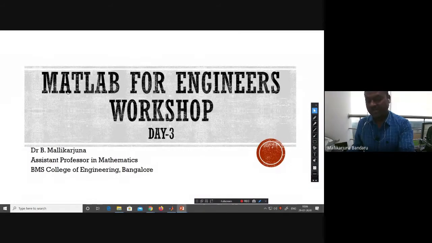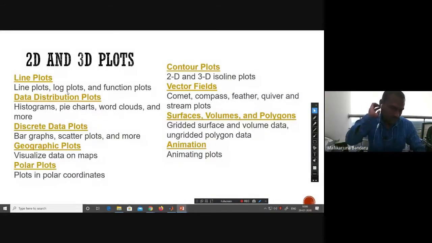I mean, what are the various methods available, and how do you find them using MATLAB. So these are the various types. How do you visualize any function or any data according to our requirements? Suppose the line plots, data distribution plots, like this.